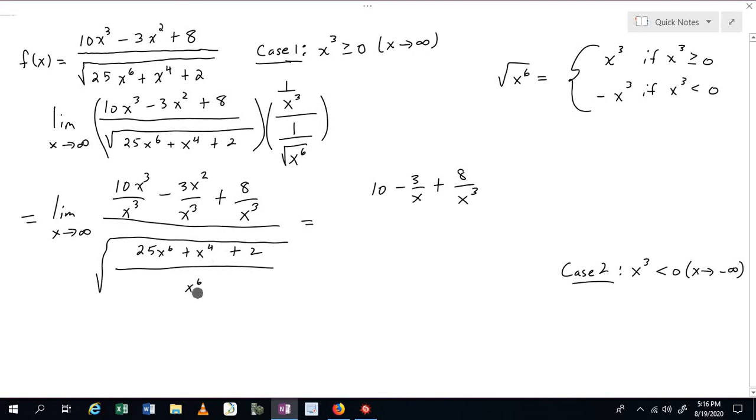On the bottom, the x to the sixth is divided into each of these individually. You're left with 25, then 1 over x squared, then 2 over x to the sixth, and you're taking the square root of all of that.